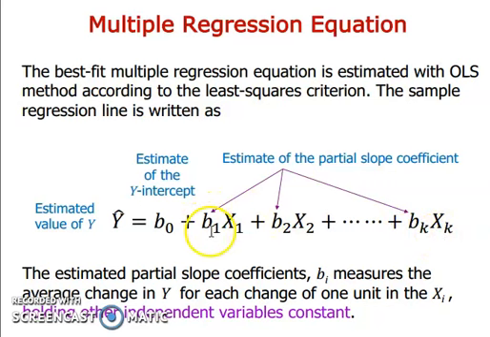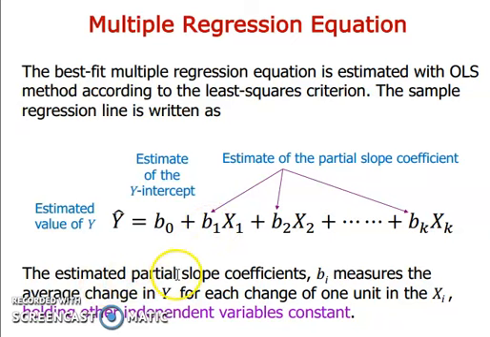So previously, this one we call the slope coefficient. So now this is the partial slope coefficient. So this is an estimator of beta naught and this is an estimator of beta 1.